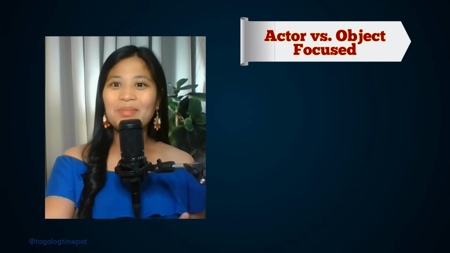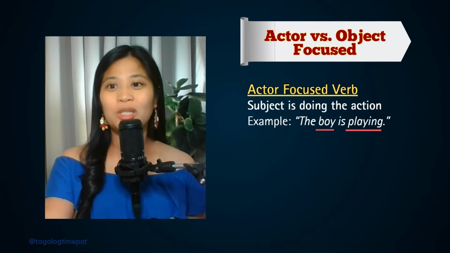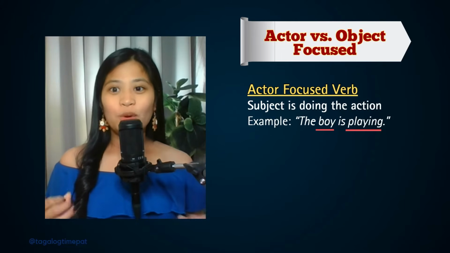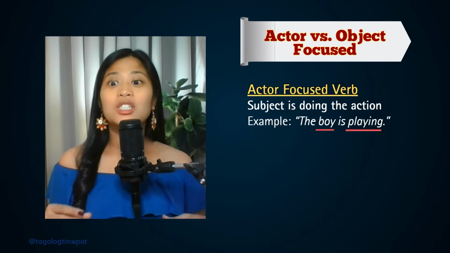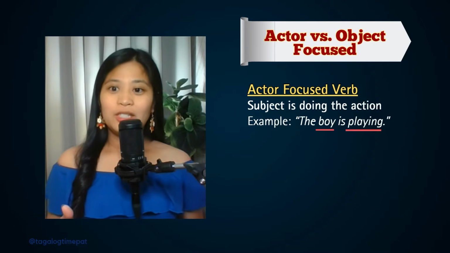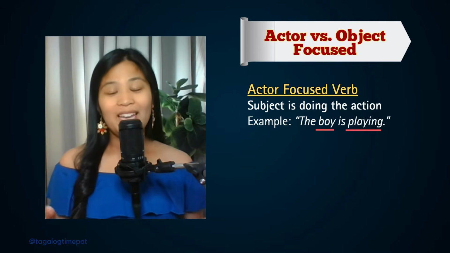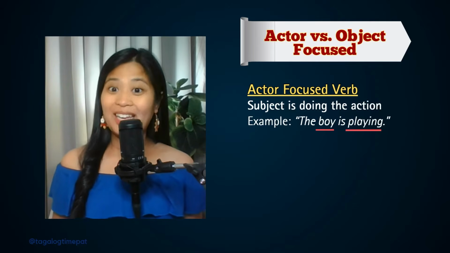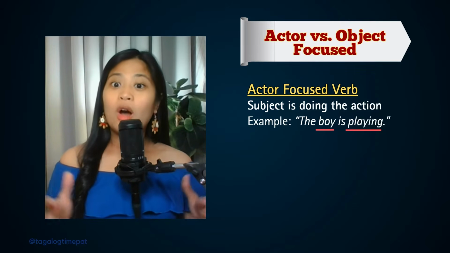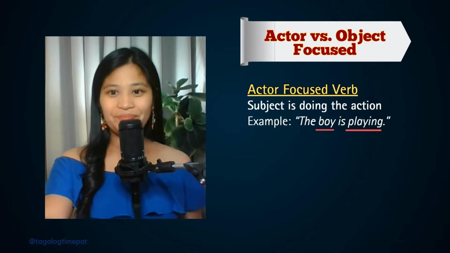Okay, so what does it mean to be an actor or an object-focused verb? Well, an actor-focused verb means that the subject is doing the action. For example, the boy is playing. Here, the subject is the boy, and he is doing the action. He is playing. So the focus here is on the subject.